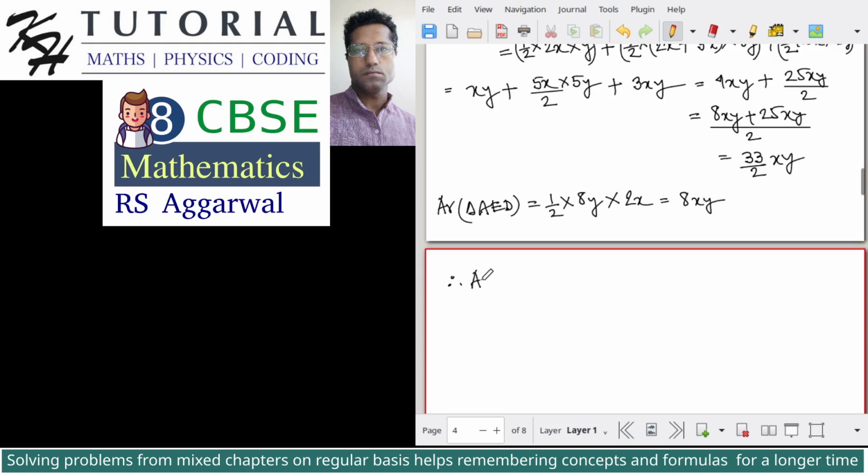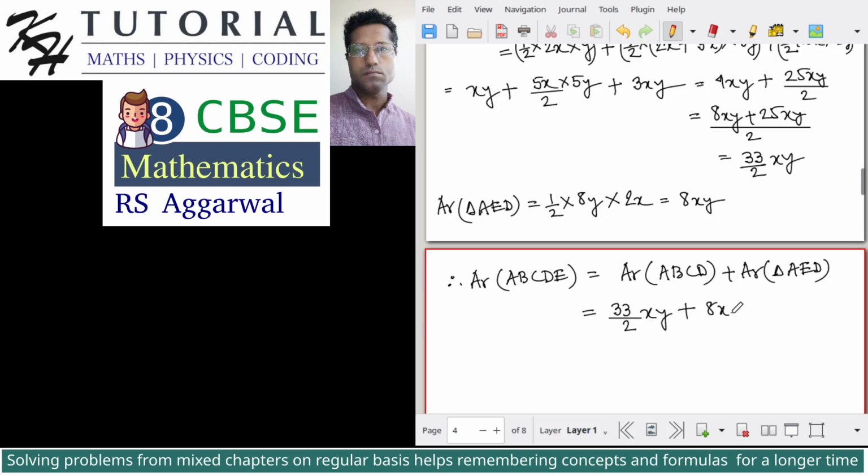Therefore the area of ABCDE, that is the whole pentagon, is the area of the quadrilateral ABCD plus the area of triangle AED. The area of the quadrilateral ABCD was 33 by 2 xy and the area of triangle AED is 8xy.